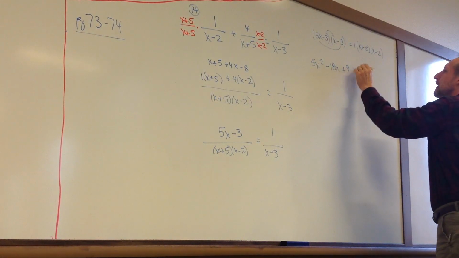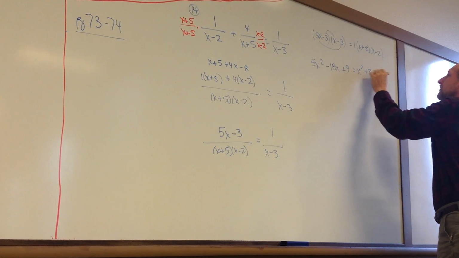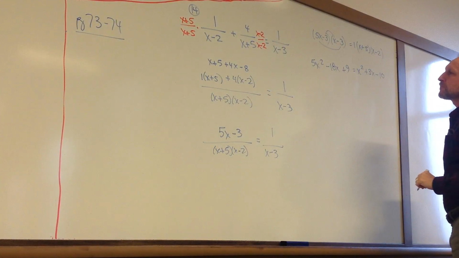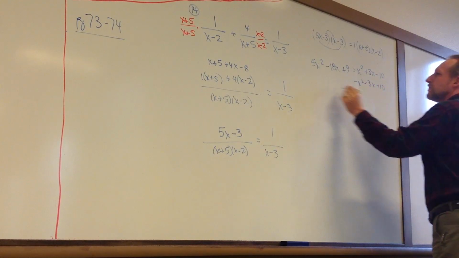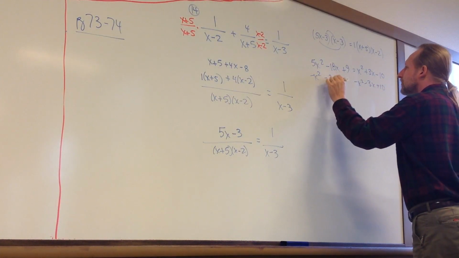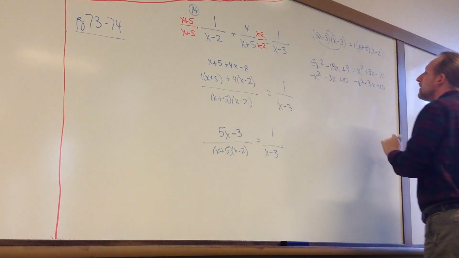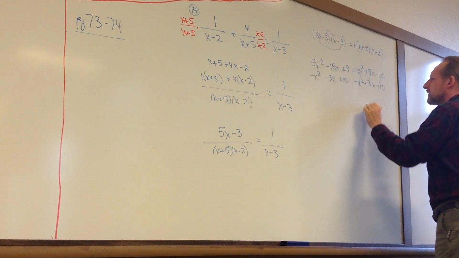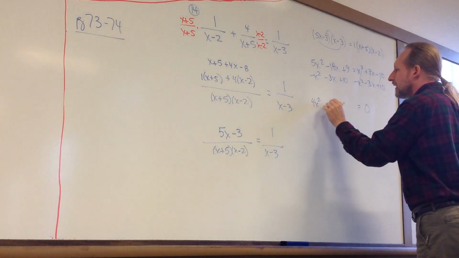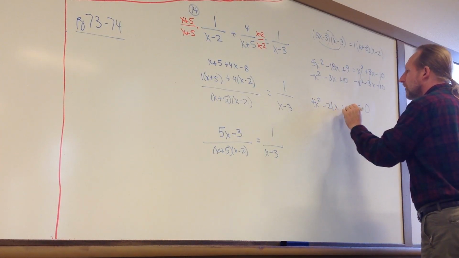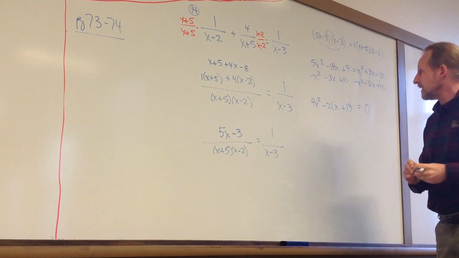And then over here, x squared plus 3x minus 10. So let's move all of this over to this side. So these all cancel out and make 0. Over here we get 4x squared minus 21x plus 19.